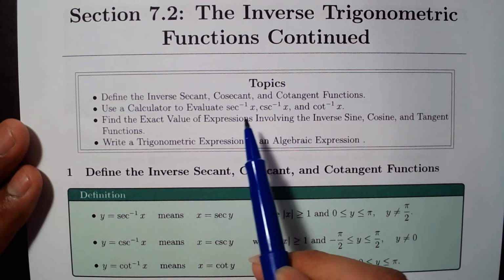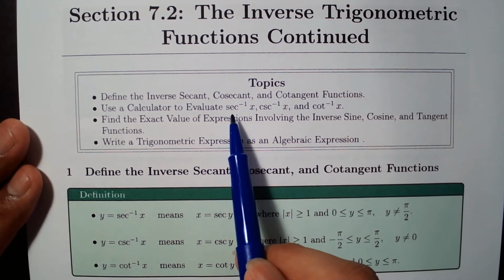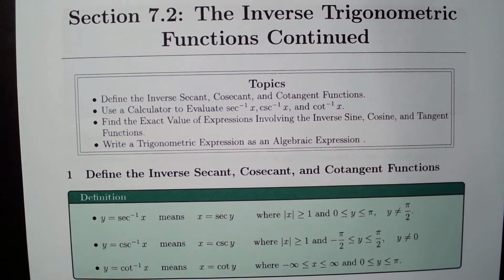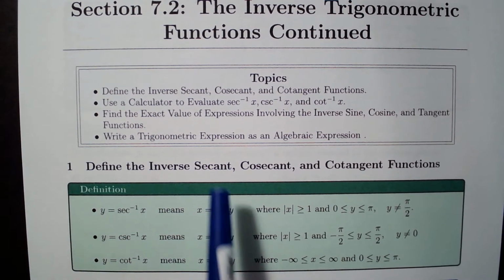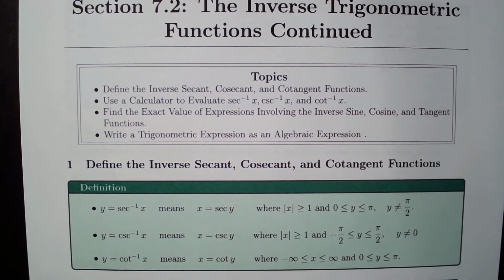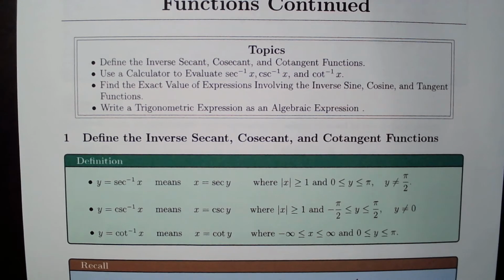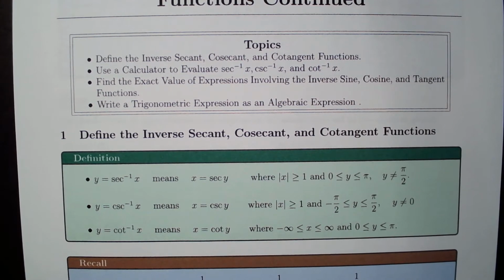In this section we do inverse cotangent, inverse secant, and inverse cosecant. We're also going to look at expressions that contain these composition functions with combinations of sine, cosine, and tangent. So you will see how we talk about those.